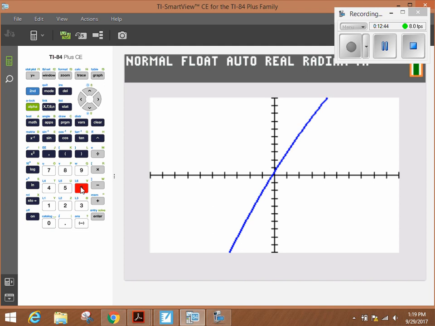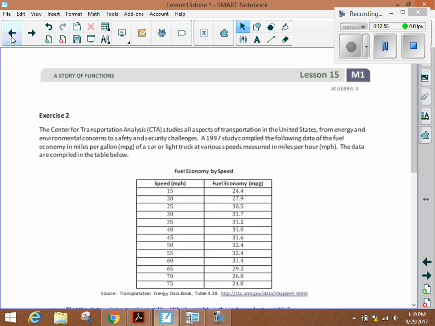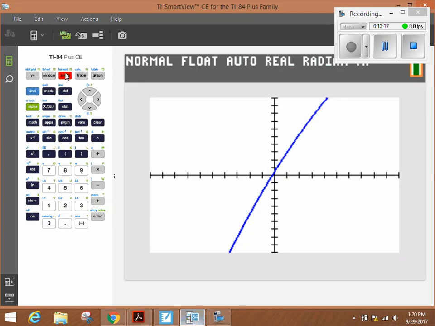But that's just because, look, our scale is units of 1, but we only have 10 units, right? If you look at our actual data, we have an x coordinate of 75 and a y coordinate of 24, right? We're up here 60 and 31, right? So this is outside of the scale of that graph. So we're going to take a better look at it by zooming out.